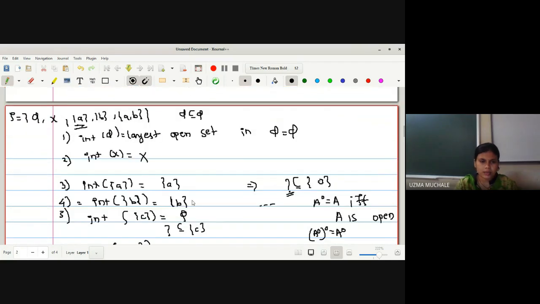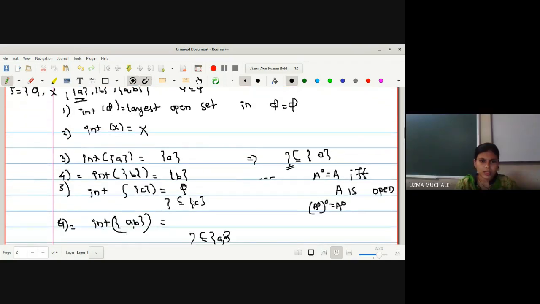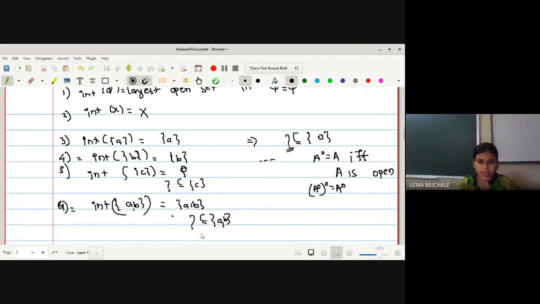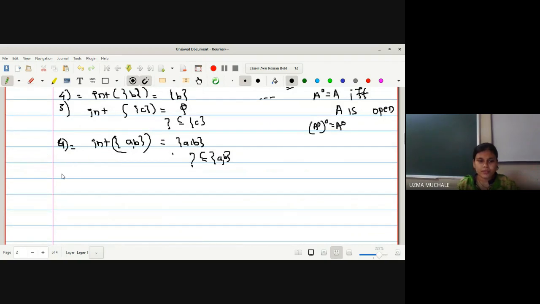AB itself is the largest open set contained in AB. So we can write the interior of AB is AB itself, because A is equal to A interior if and only if A is an open set.